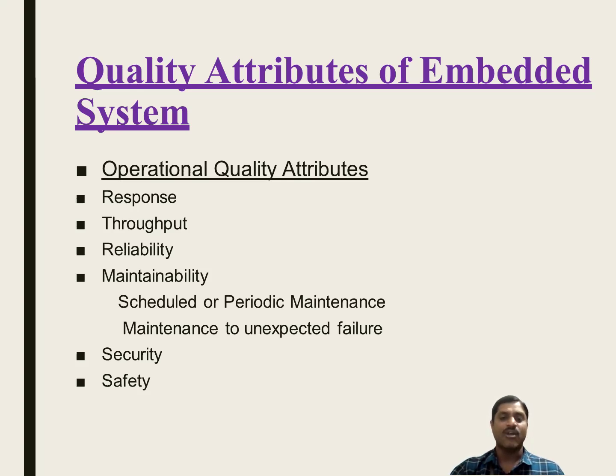Then coming to the second operational quality attribute, throughput. Throughput deals with the efficiency of a system. It can be defined as the rate of production or operation of a defined process over a stated period of time. The rates can be expressed in terms of products, batches produced, or any other meaningful measurements.